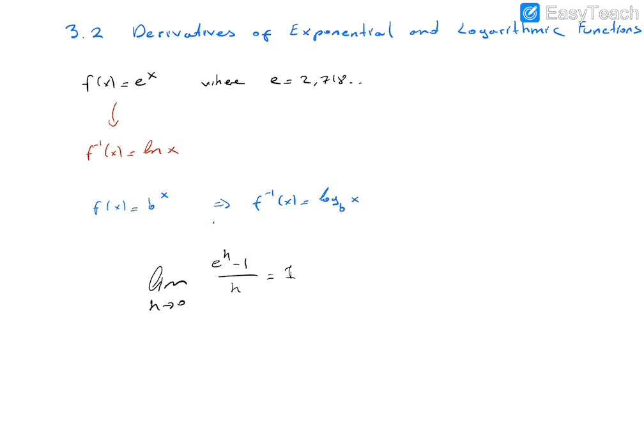By giving some values of h, you can observe the correctness of this limit, but we will not give the proof of this limit. By using this limit I will explain that the derivative of e to the power x equals e to the power x.